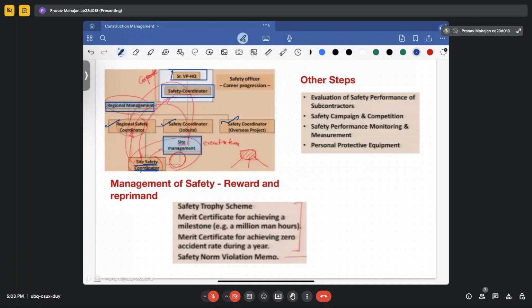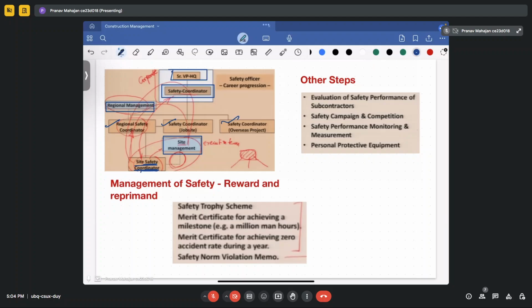So how should the management of safety be done? It can be done by providing a safety trophy scheme. That means if you are dividing a group of individuals into different work, you have to see how many persons are doing the work in adherence to the safety regulations.